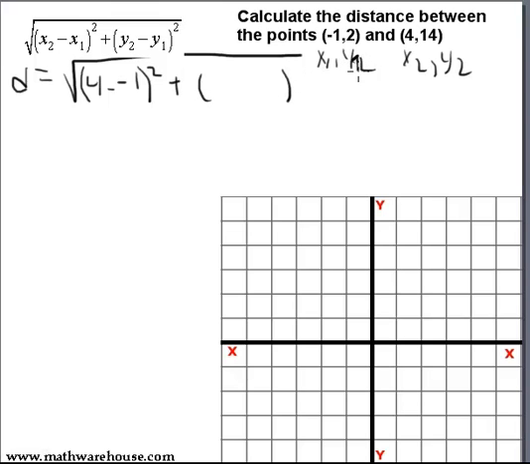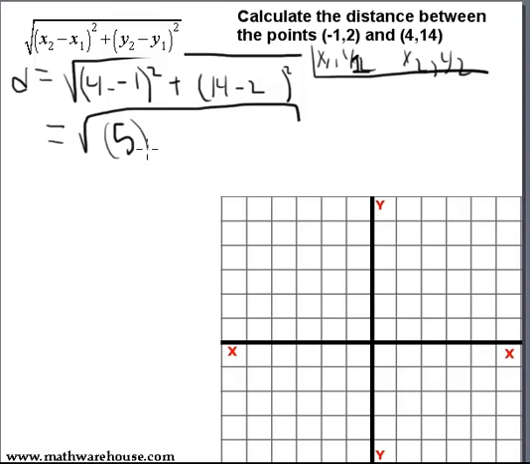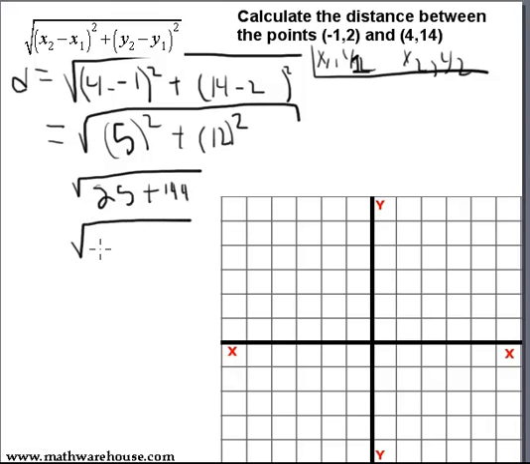This is a 1 here, by the way. y2 is 14 minus 2 squared. What we're going to now do is do a little arithmetic. 4 minus -1 is going to be 5. This whole thing is squared plus 14 minus 2 is going to be 12 squared. So we're going to take the square root of 25 plus 144, or the square root of 169, which is 13.